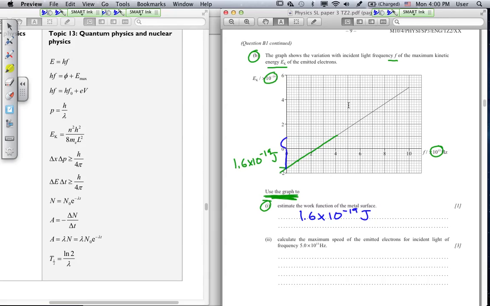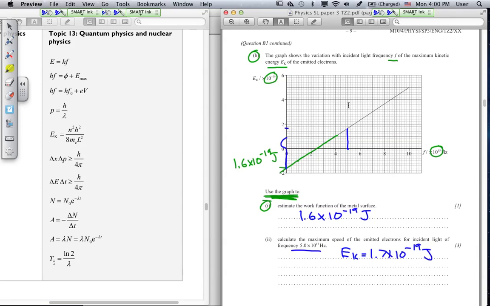Then it says calculate the maximum speed of the emitted electron for incident light of frequency 5 times 10 to the 15. So 5 times 10 to the 15 is there. If we go up here, we see that this is about there. The kinetic energy, Ek, is equal to 1.7 times 10 to the negative 19 joules.